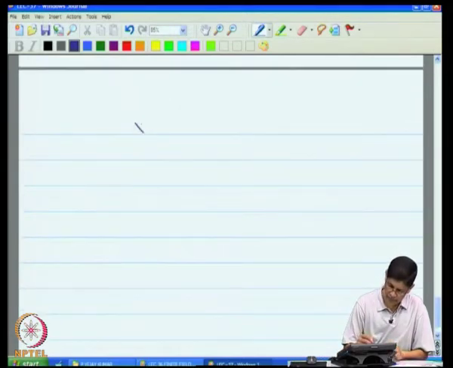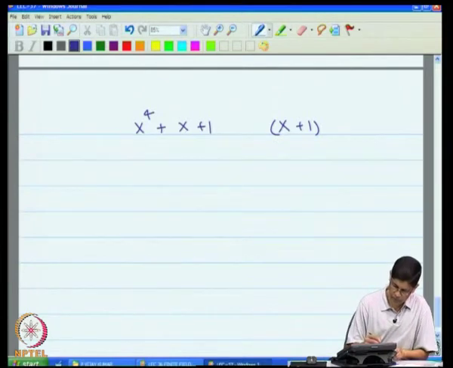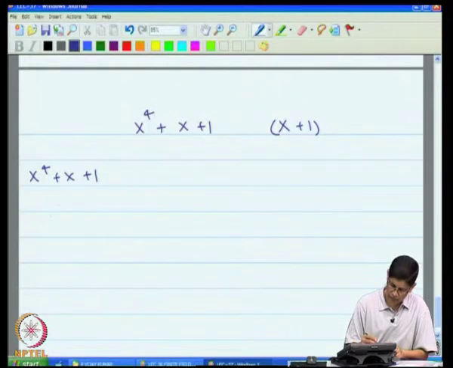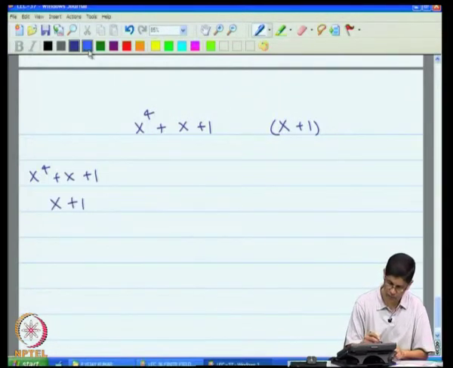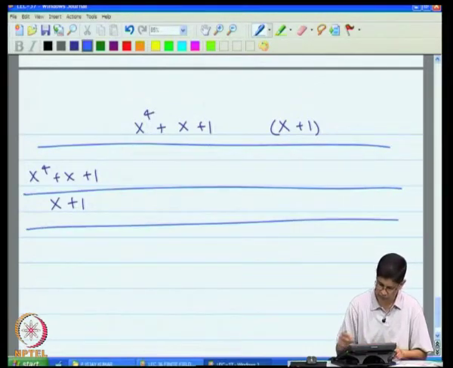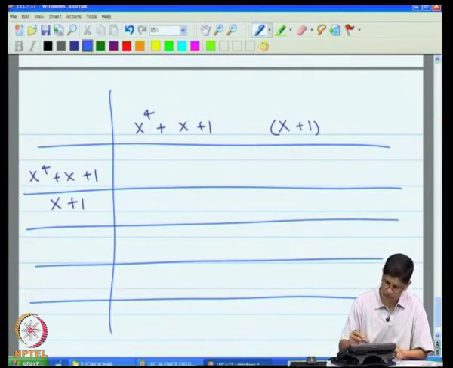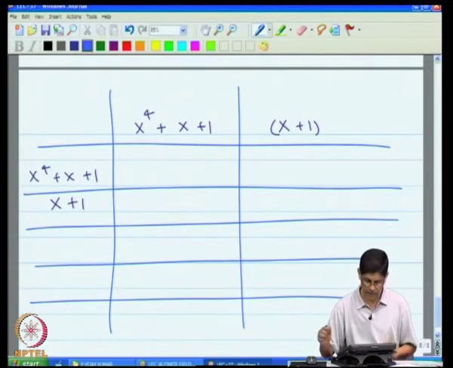We put x^4 plus x plus 1 and x plus 1 in two separate columns, and also on two different rows. Thereafter we start a process of dividing.